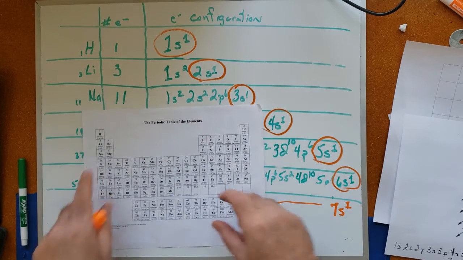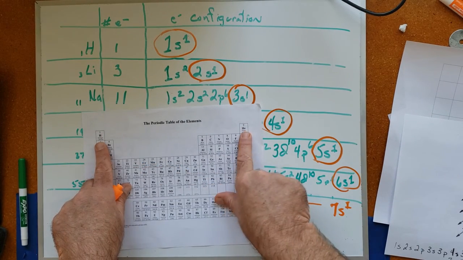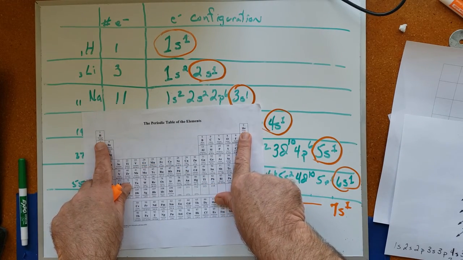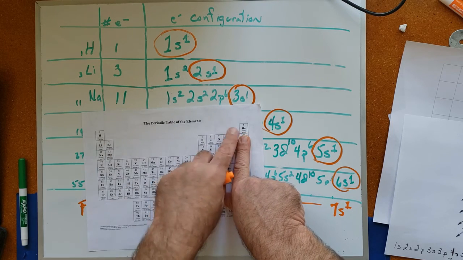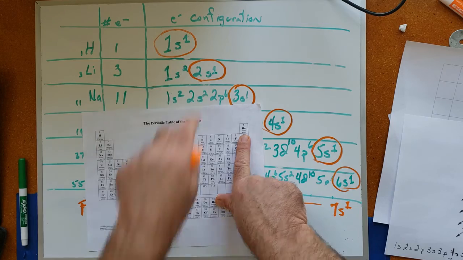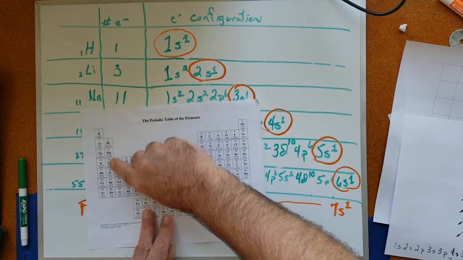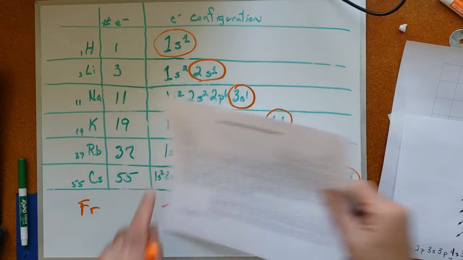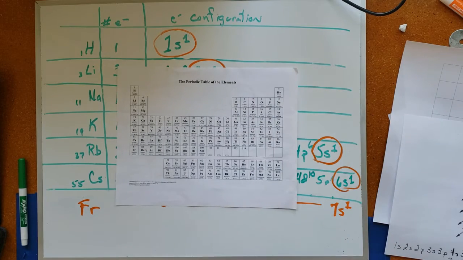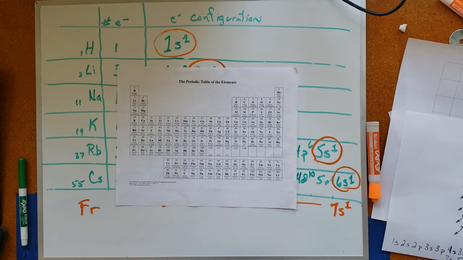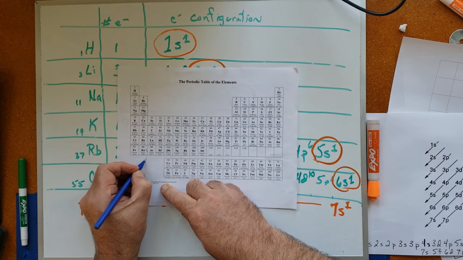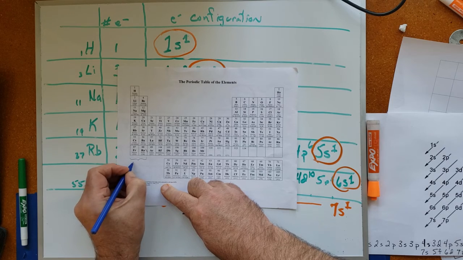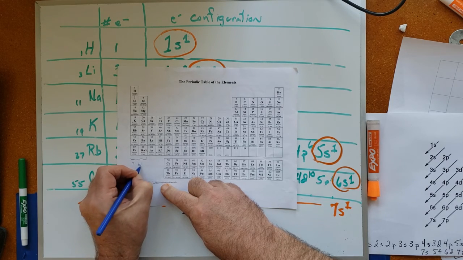Now, let's go back to hydrogen. We have to jump all the way over to the other side of the periodic table to find its partner or its next door neighbor. And helium would be 1s2, by the way. But all these others that are in this column would end with an s2. For that reason, the very first 2 columns of the periodic table are often referred to as the S block.